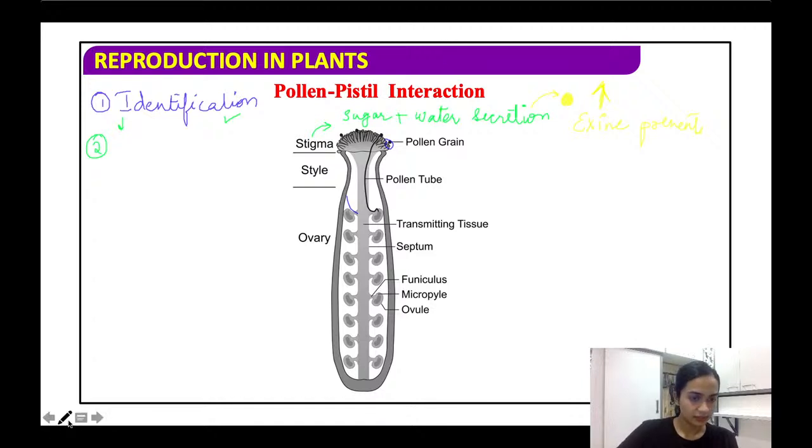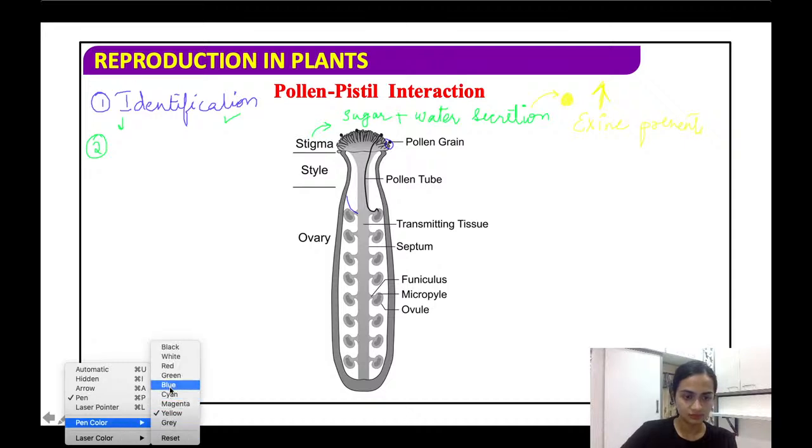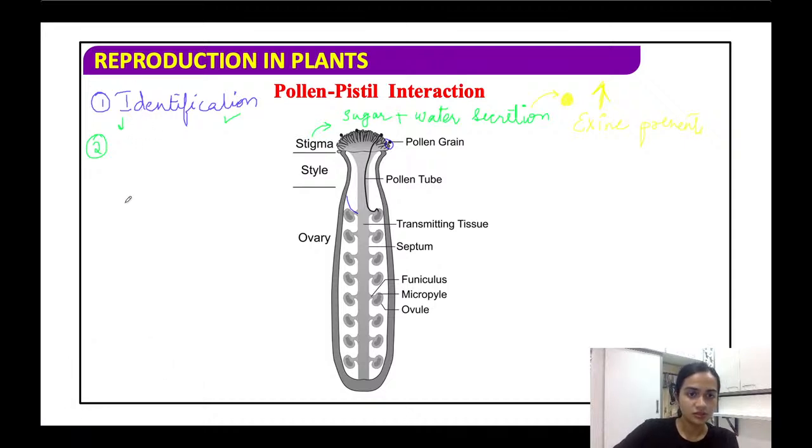I hope that till the second step it is clear. So the second step is the secretion from the stigma to the pollen grain. These steps have to be very clear.